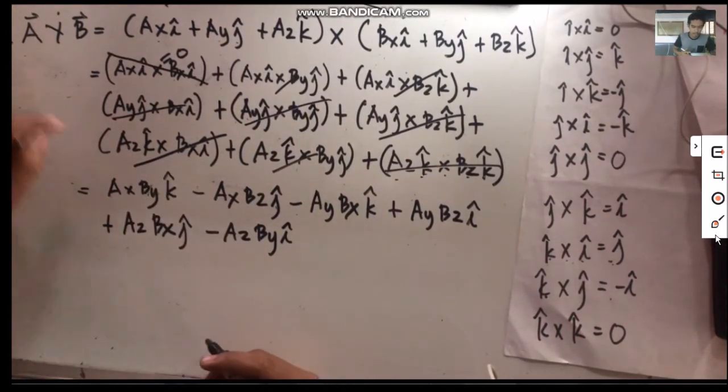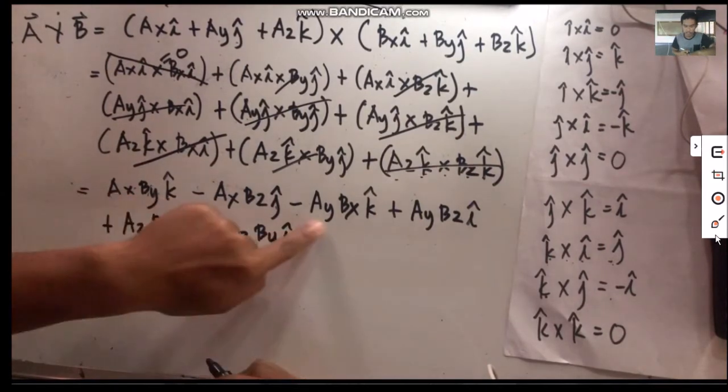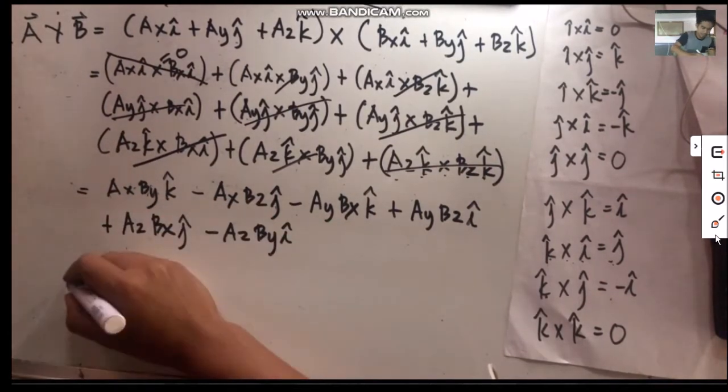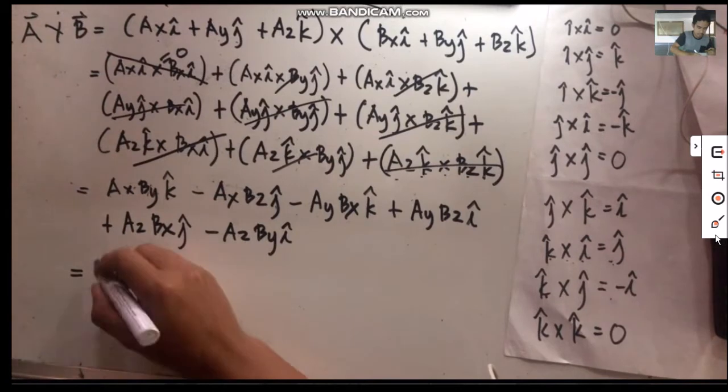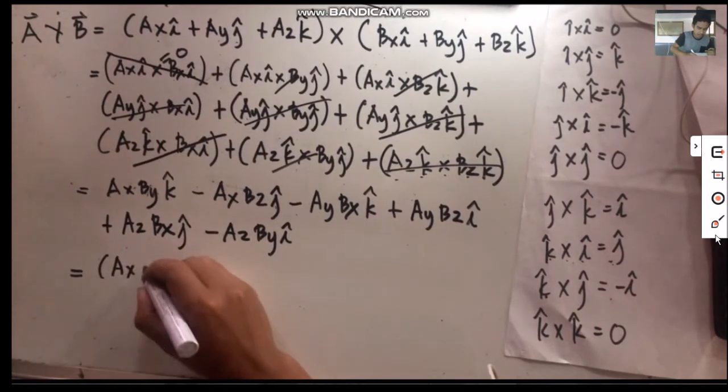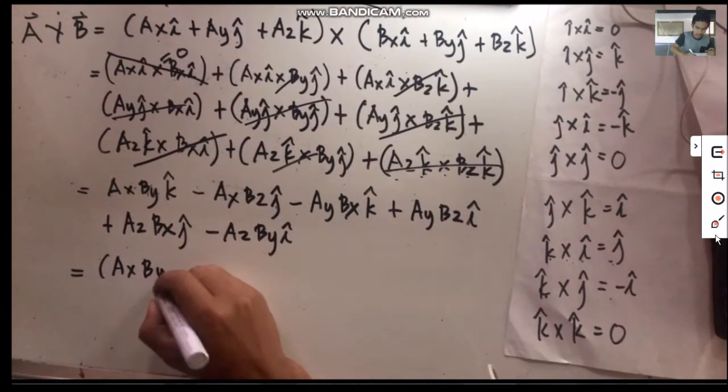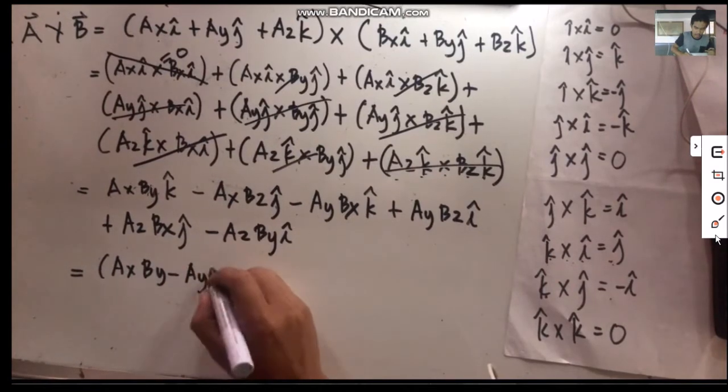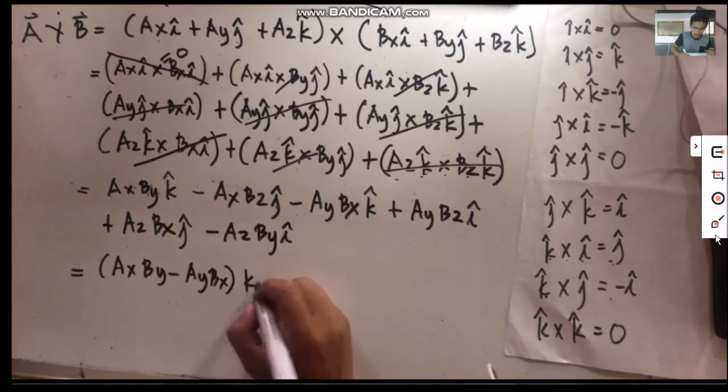Okay, so we can combine ax by k hat and ay bx k hat. We have ax by minus ay bx k hat.